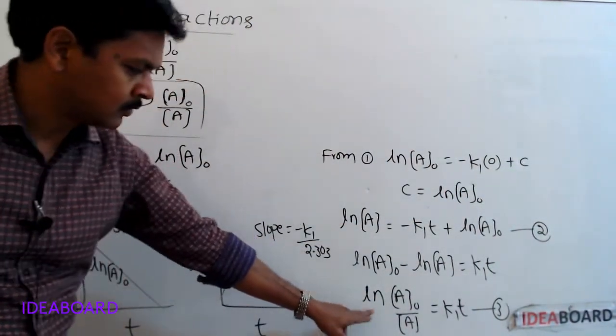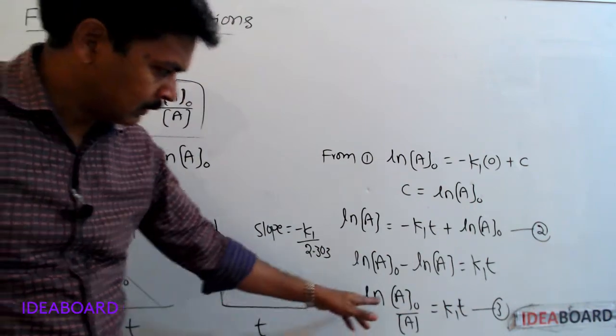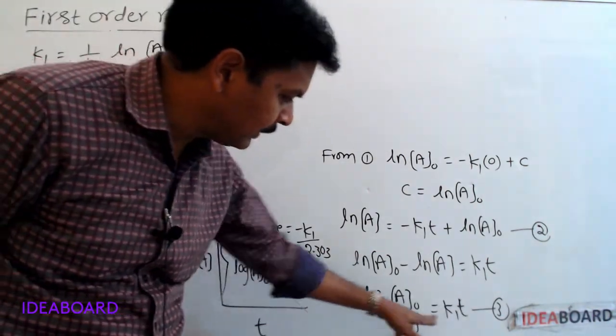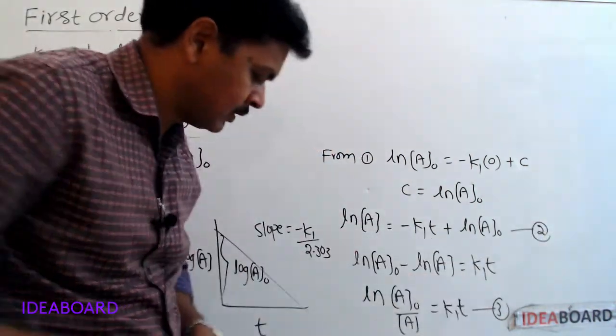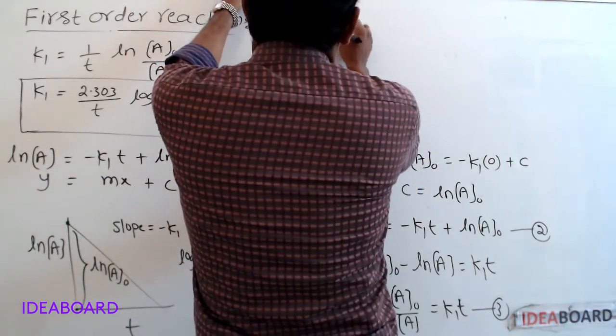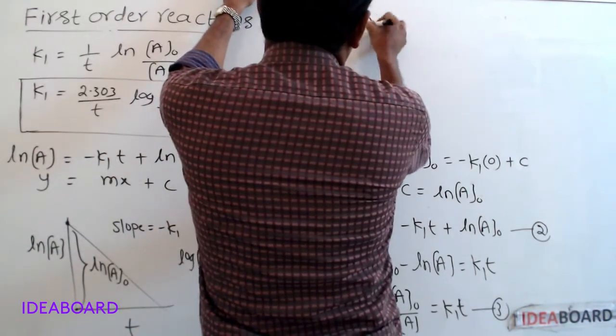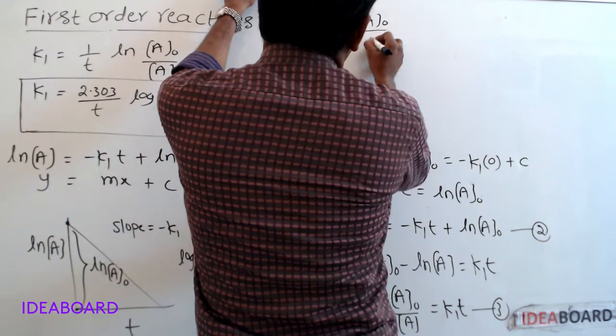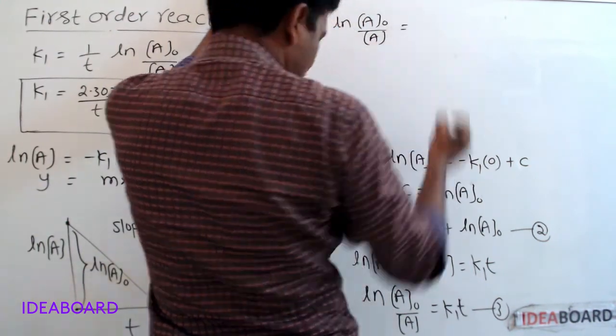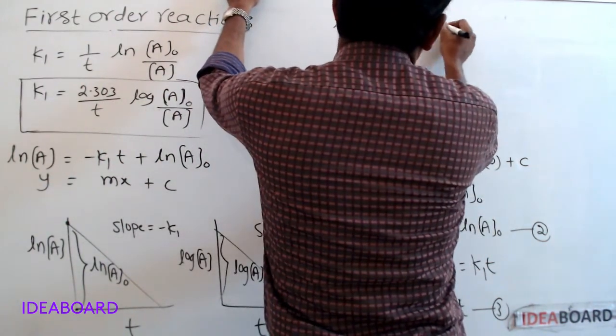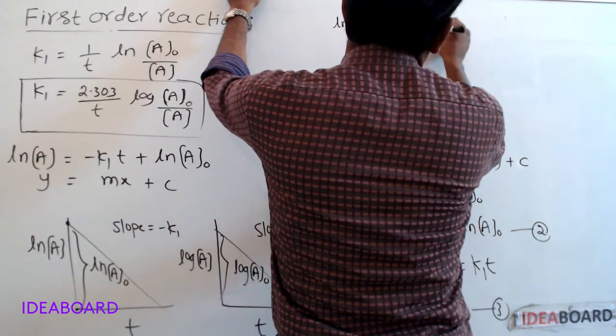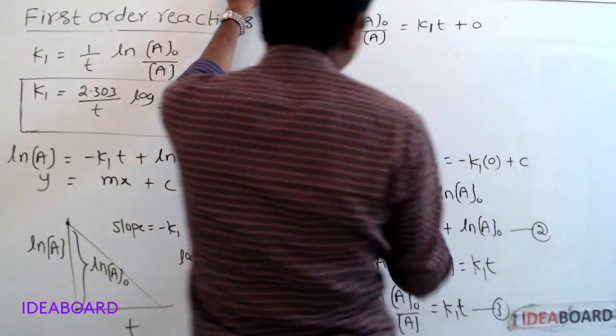Next, I am taking the third equation. This equation is also similar to y is equal to mx plus c: ln A naught by A is equal to K1 into t plus 0.